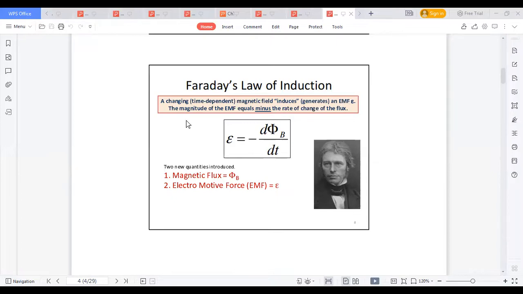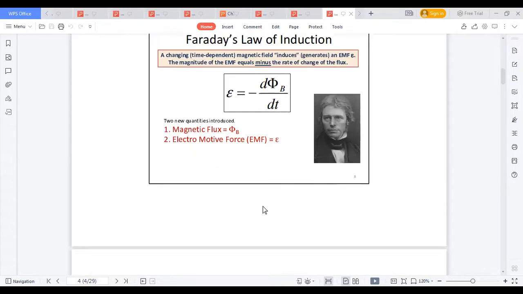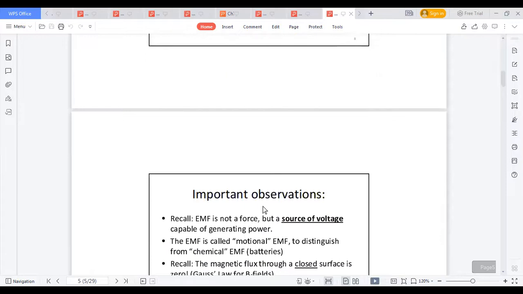The magnitude of the EMF equals minus the rate of change of the flux. This is the actual statement of Faraday's law of induction, where phi B equals magnetic flux and electromotive force EMF equals epsilon. So this is the main Faraday's law of induction.